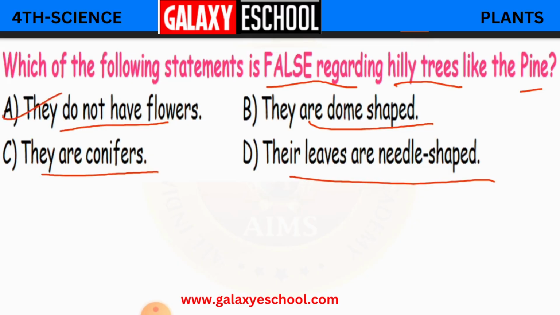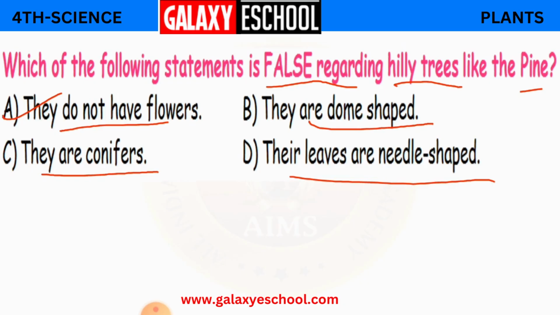Hilly trees like pine have flowers, but here our statement says that they do not have flowers. This is the wrong statement, whereas all the other three, B, C and D, are correct. So A is the answer.